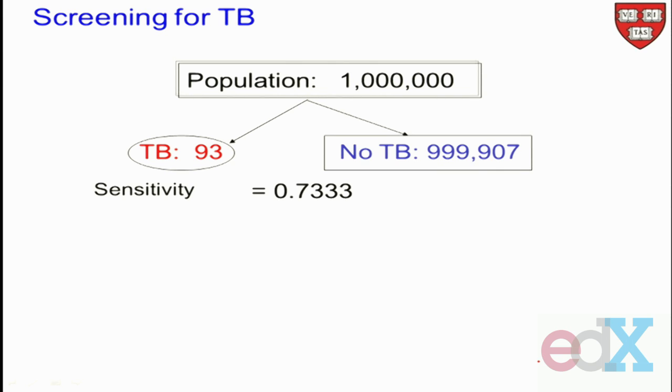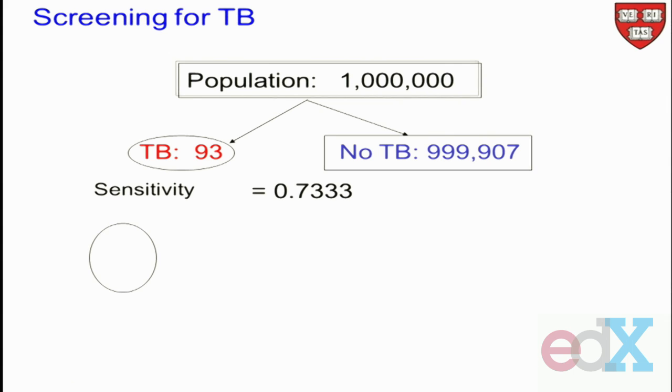That means that if we subject these 93 people to this test, we will find that 0.7333 times 93 is 68. We will find that 68 people will test positive. Unfortunately, that also means that 25 people will test negative.